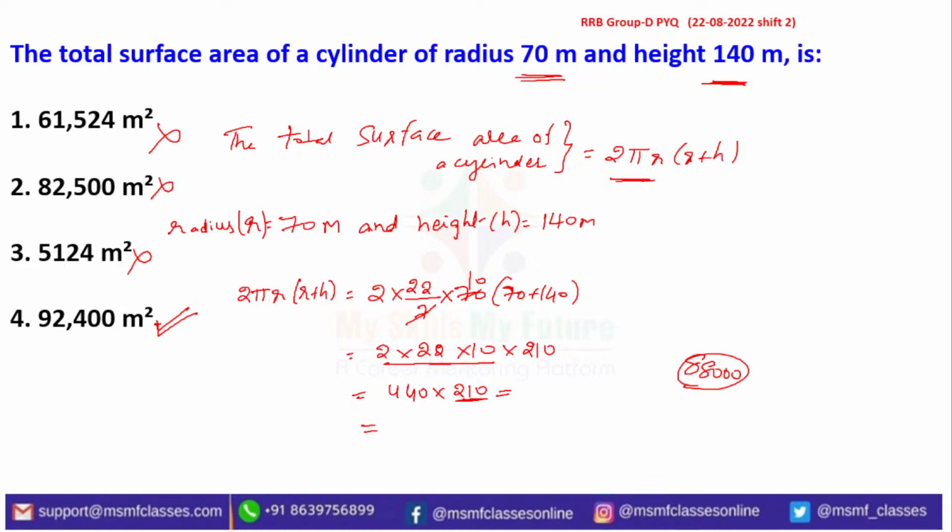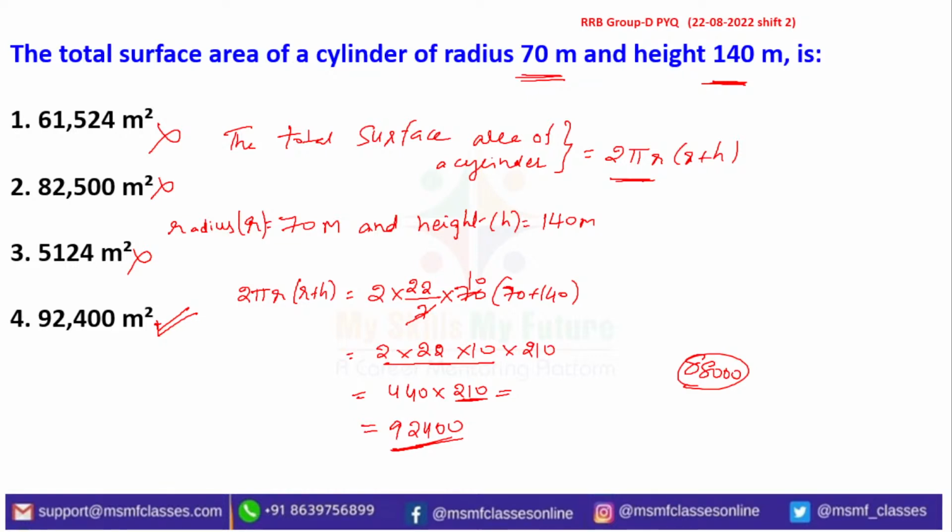Now let us find the value of 440 into 210. We get double zeros. 21 into 44 is 924, so 924 with double zero. So 440 into 210 is 92,400. Before doing this calculation, we had already picked the correct option.